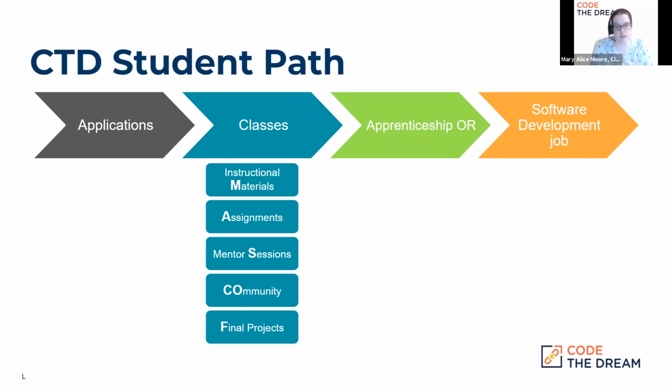You can just look to see when the sessions are for that week and what works well with your schedule and sign up for at least 2 on there. You're welcome to sign up for more, but usually 2 is sufficient for most folks to get the answers that they need and get any assistance in understanding the assignment for the week. So that covers mentor sessions.